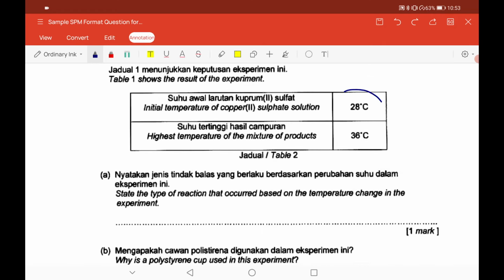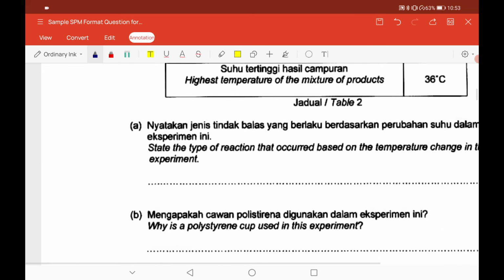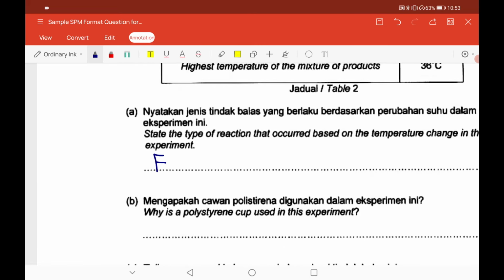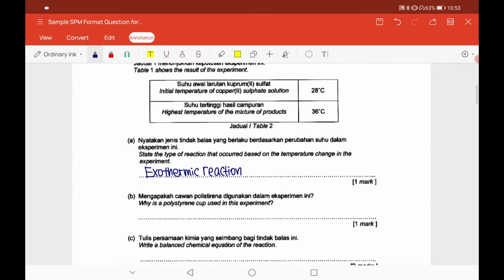The temperature goes from 28 to 36, so the temperature increases. When temperature increases, we learned in lesson number 1, it is exothermic. It is an exothermic reaction. So if you can do this, you are able to score 1 mark.